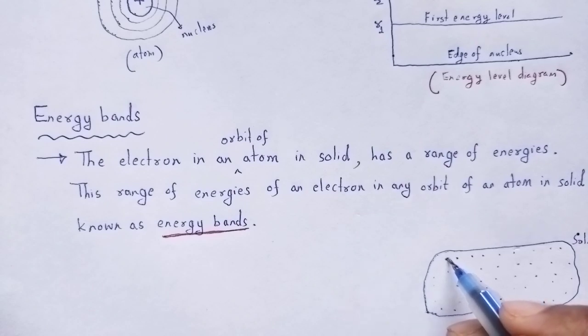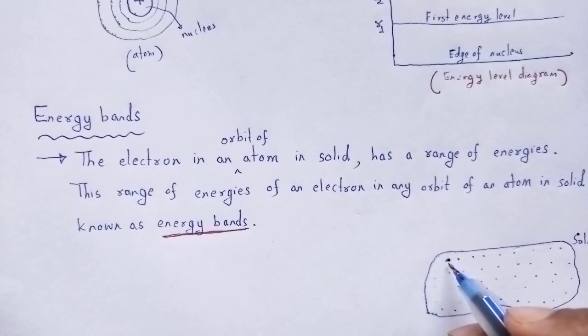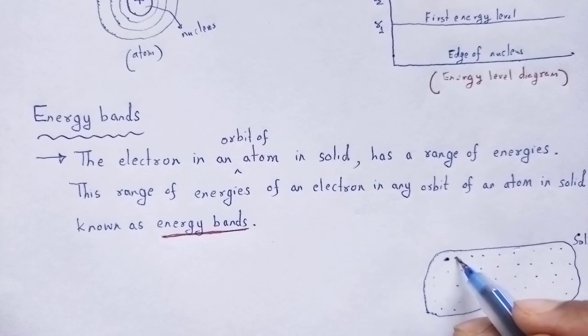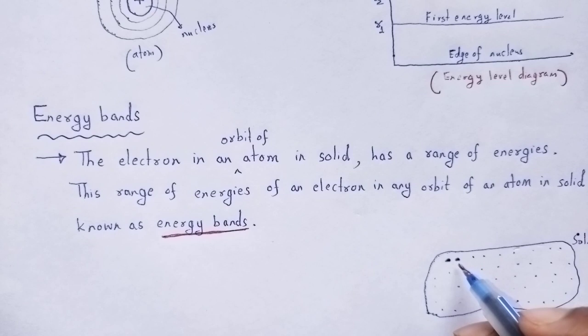If we consider that atom, the electron present in the K shell of that atom is quite different from the electron present in the K shell of its neighboring atom.